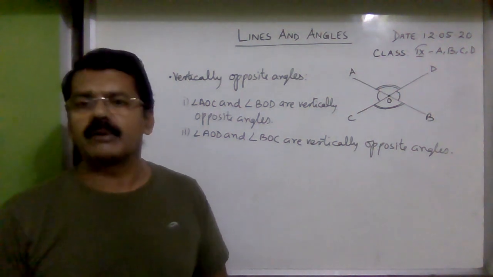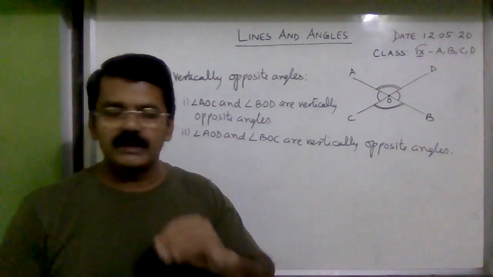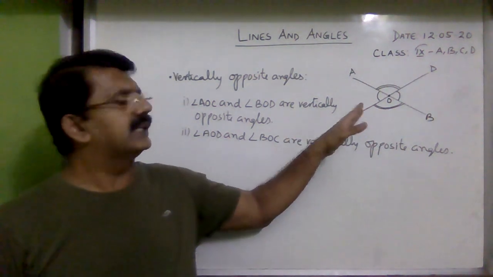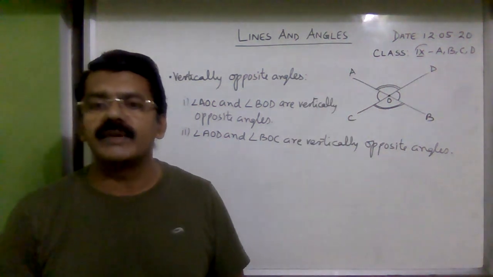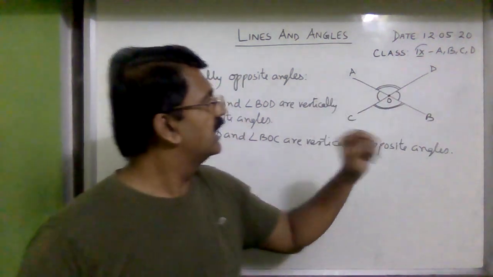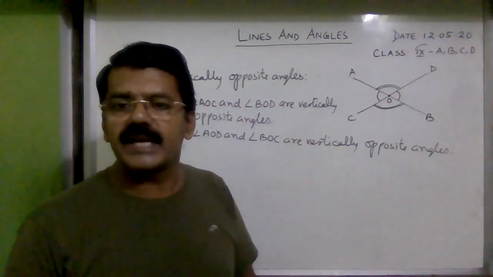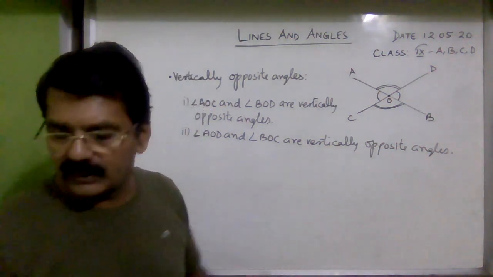You have studied vertically opposite angles, and now I will prove in a theorem that vertically opposite angles are always equal. Means angle AOC and BOD are equal. Similarly, angle AOD and BOC are also equal.